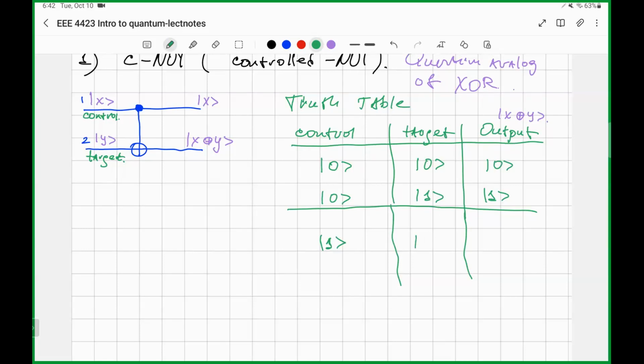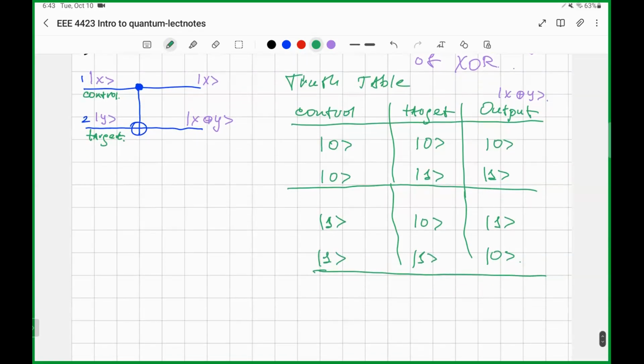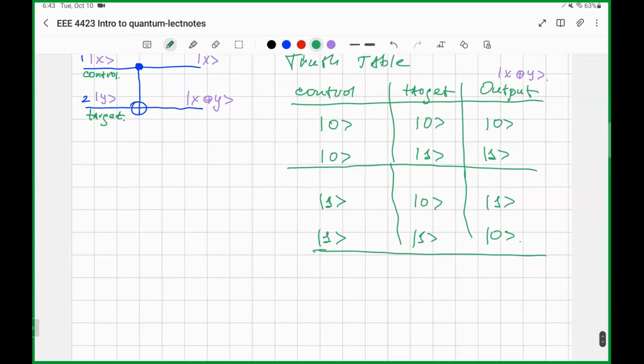For example, if the target is 0, then the output is 1, and if the target is 1, the output is 0. So in this sense, the state of the control qubit controls the state of the second qubit. And this brings, of course, something interesting to the story.